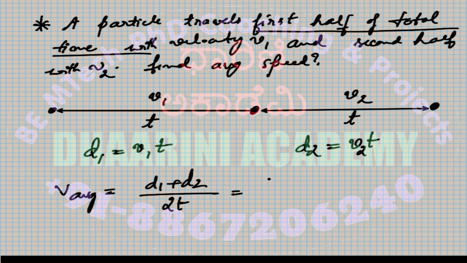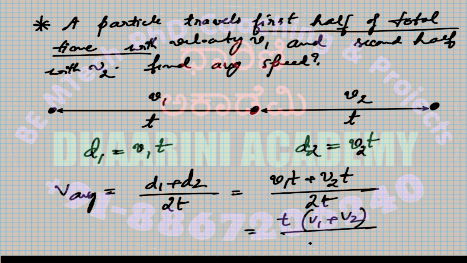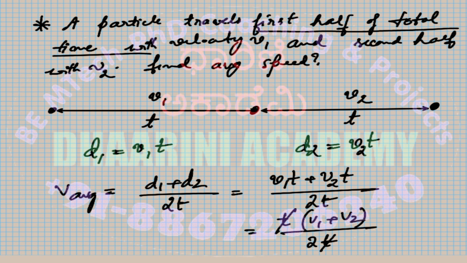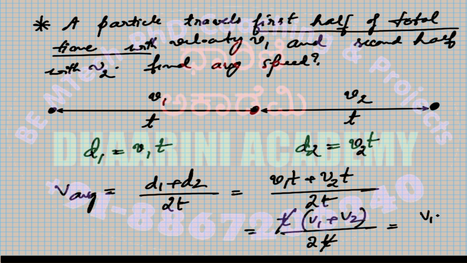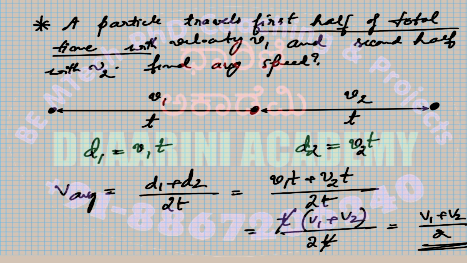All right. So this is v1t plus v2t divided by 2t. So take t outside, t into v1 plus v2 whole divided by 2t. So t cancels. So your average velocity in this case is v1 plus v2 by 2. Okay, so that is the expected answer for this particular problem.